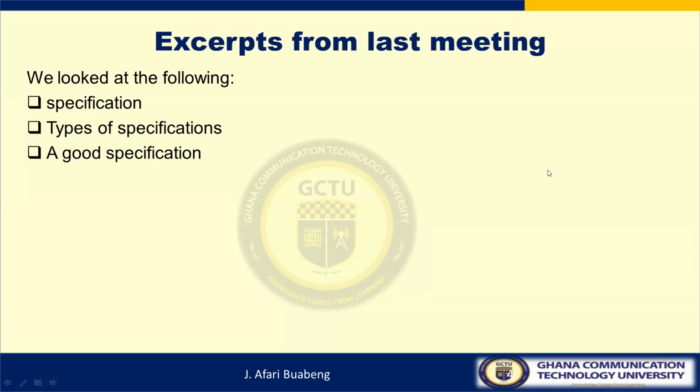Okay, so it communicates the wishes of the purchaser to the provider. And at the same time, what is expected from the provider. So these are the two major purposes of a specification.